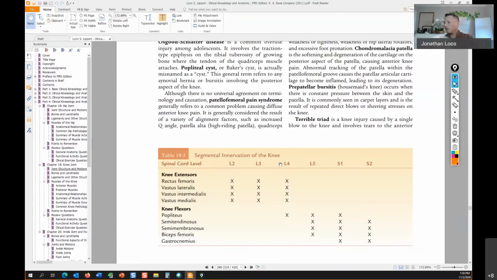Cool, perfect. Do you want me to do the chapter 19 lab now, or do you want to do the pre-lab? Let's do the pre-lab. Let's not overload it, and we'll revisit it again next week, because we've covered so much already. Then what I can do is we'll do pelvis and hip on Friday, and then on Tuesday next week we can review the ankle and foot.